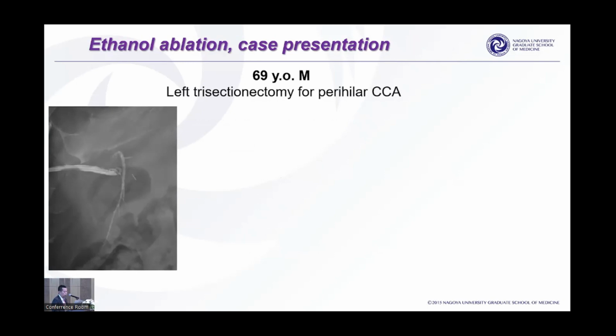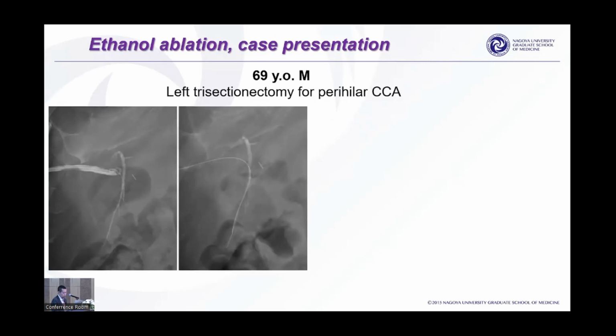The patient was a man who underwent left trisectionectomy with extrahepatic bile duct dissection. Isolated bile ducts were identified by fistulography. A guide wire was advanced into the bile duct.